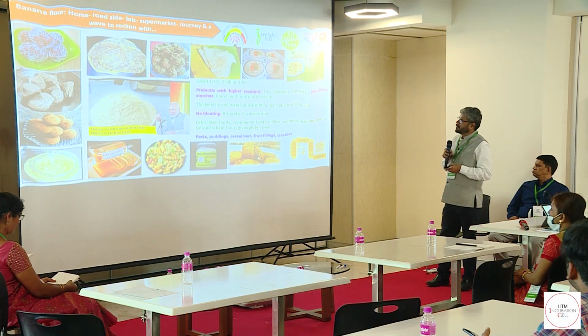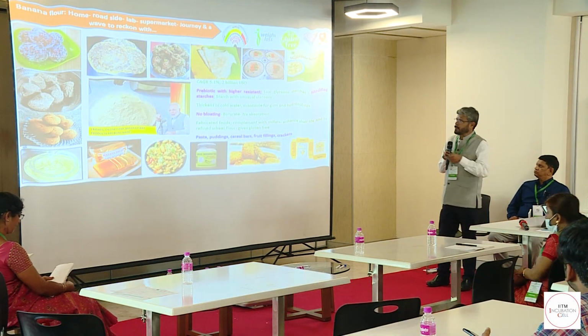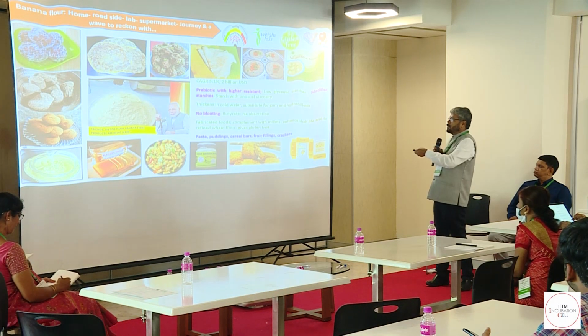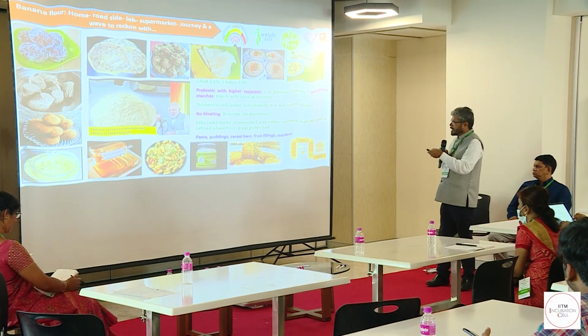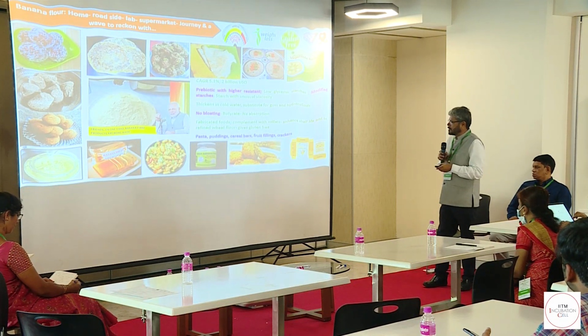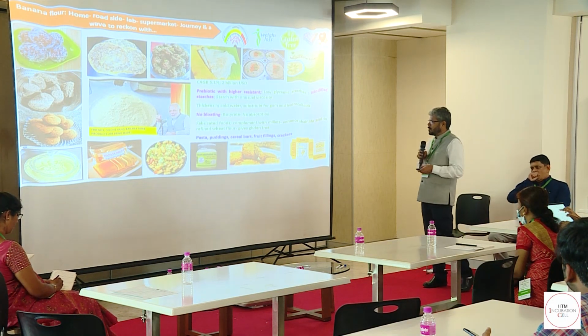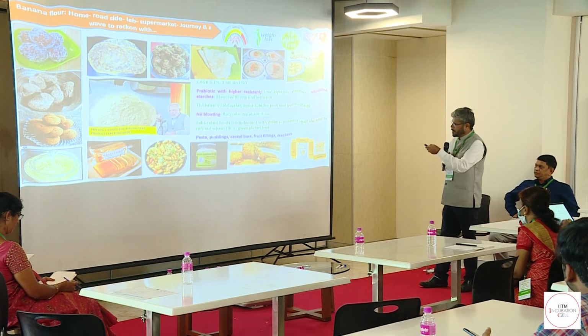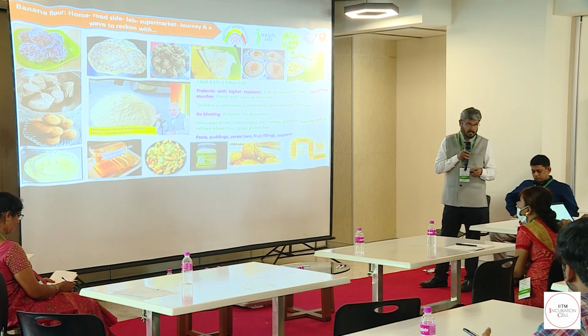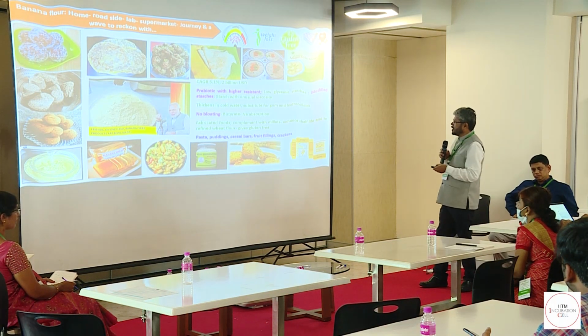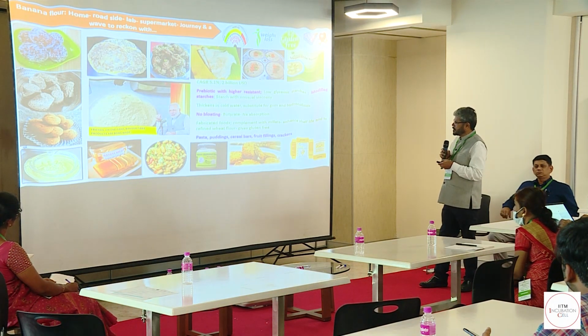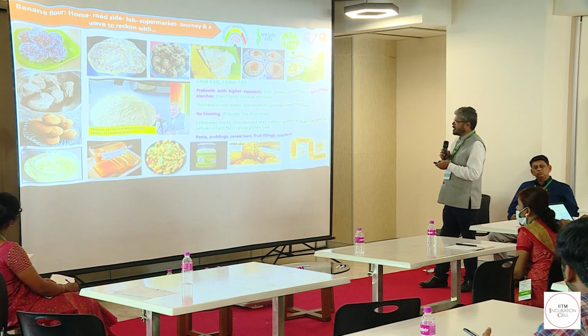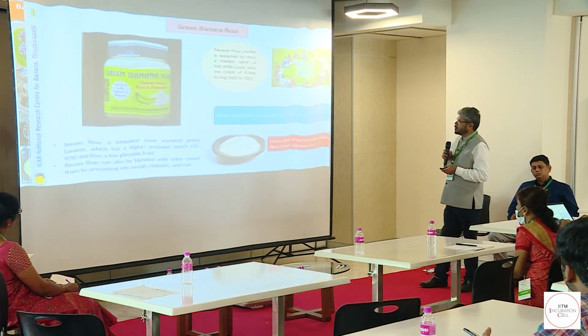Then again, banana flour. That's very important. Banana flour is widely used for traditional foods as well as other foods like banana bread, because resistant starch is there. So we can make very good fabricated foods. And it can be added with millets also.